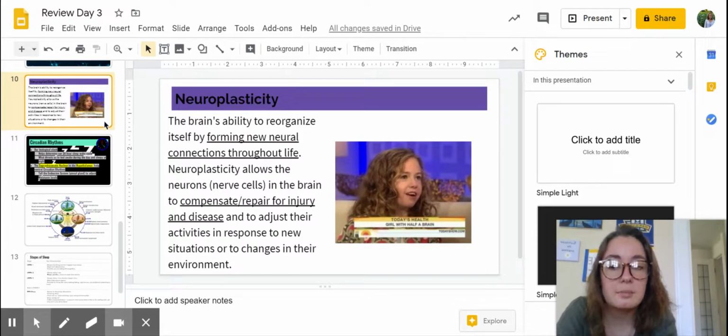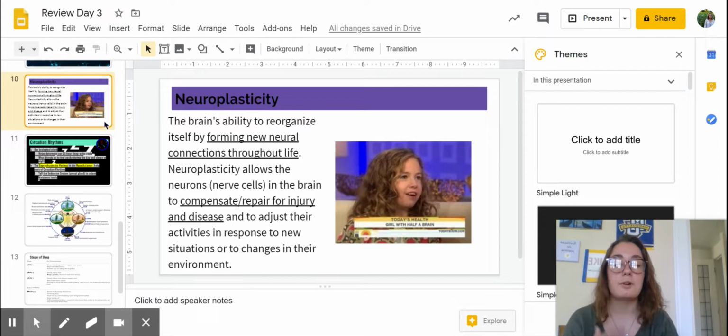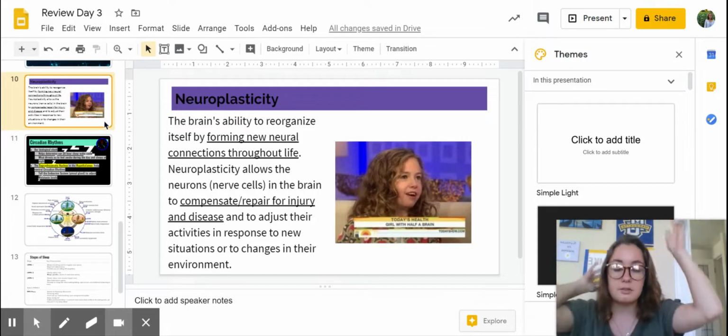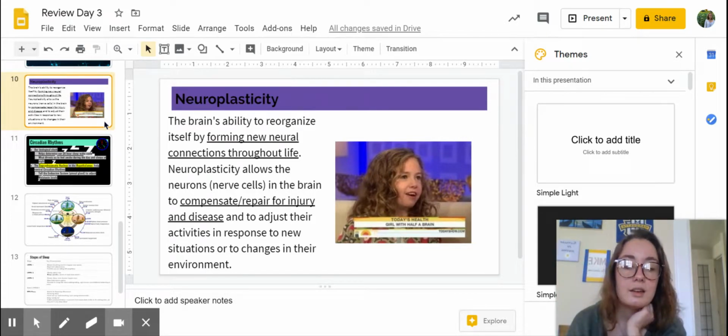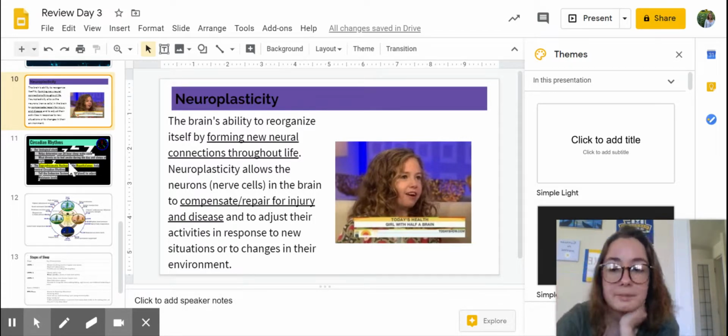And there's this term called neuroplasticity. And this basically says that our brain has the ability to reorganize itself by continually forming new neural connections. We're always kind of learning new things and forming these new connections between neurons and continuing to grow and adapt.